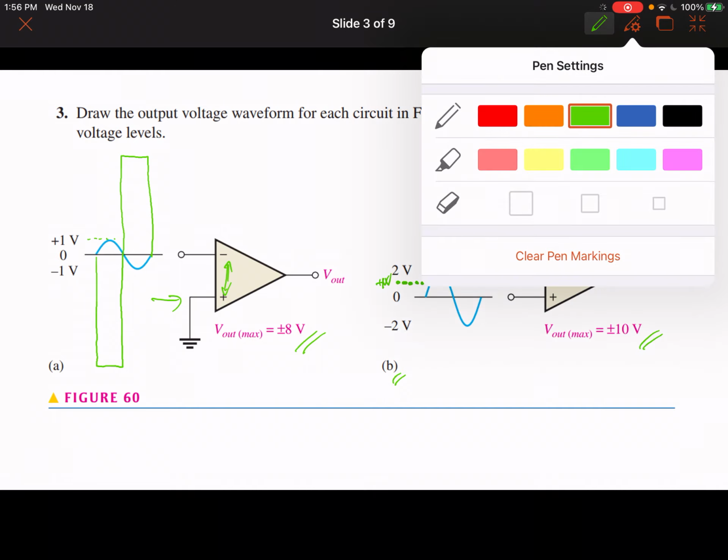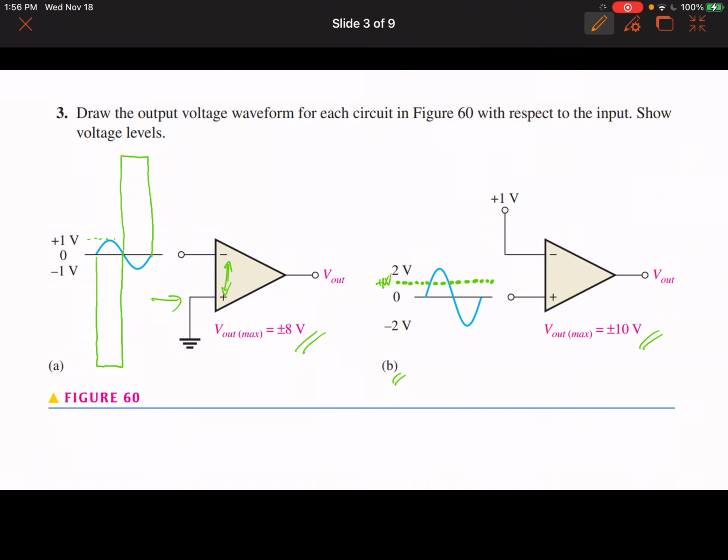Let me just change color to avoid confusion. The output changes direction whenever it crosses the 1 volt line. Initially it's like this, so it's about 10 volts. So 10 volts could be something like this, maybe. And that's also the 10 volts right there.